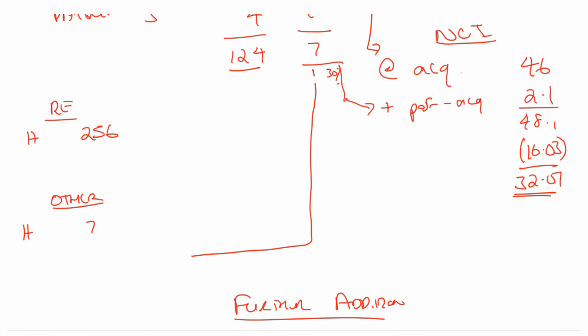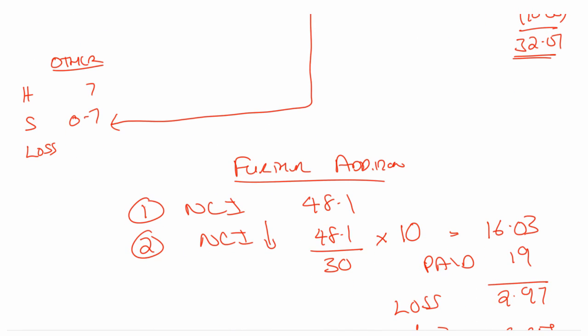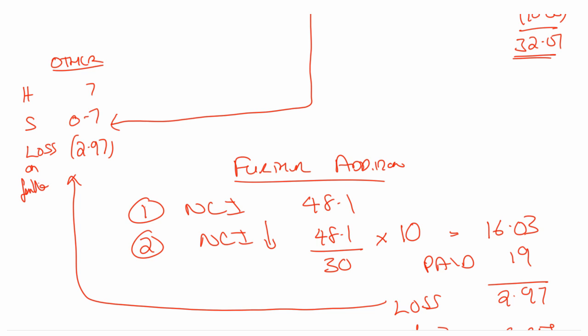And that's how much I'm going to give to S. We deserve our share, which is 70%. We deserve our share of 70% of 1, which is 0.7. And then finally, I need to take the loss on the further addition, which is this 2.97. That needs to go in there as well. There's a negative loss on the further addition.